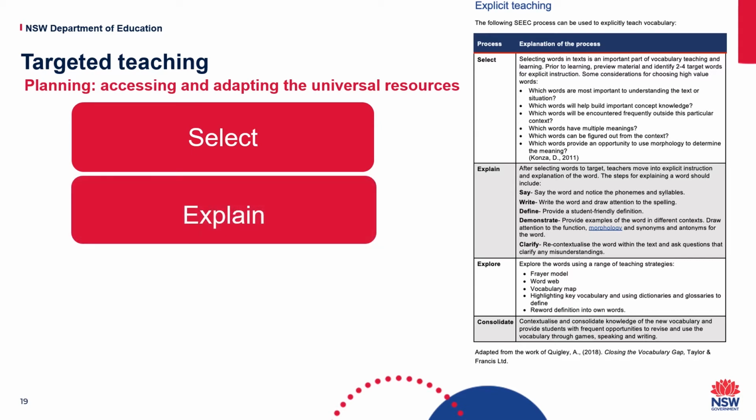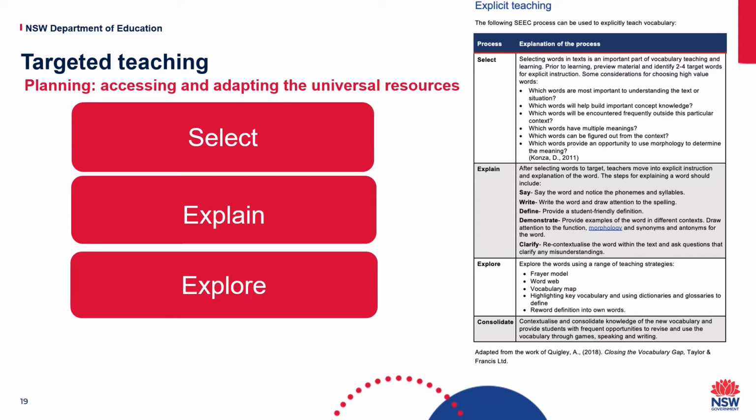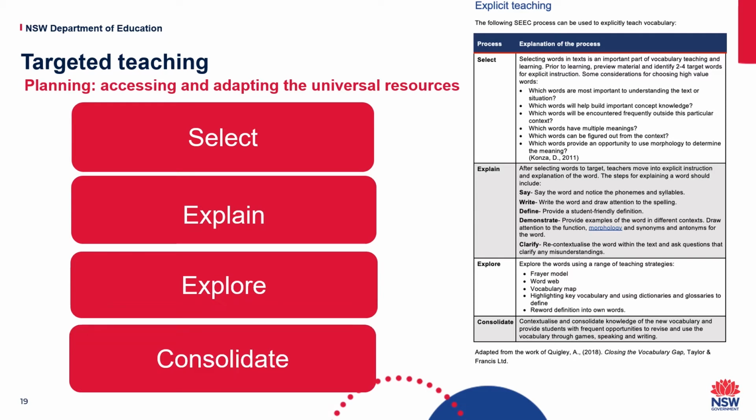Define and explain the words, say the word, write the word, and draw attention to the spelling. Provide a student-friendly definition, provide examples of the word in different contexts, and provide opportunities for students to clarify their understanding through questioning. Explore words through a range of teaching strategies. And consolidate. Contextualize and consolidate knowledge of the new vocabulary.